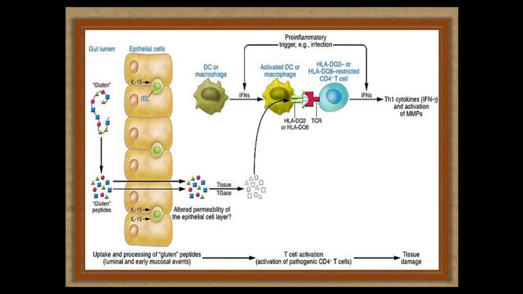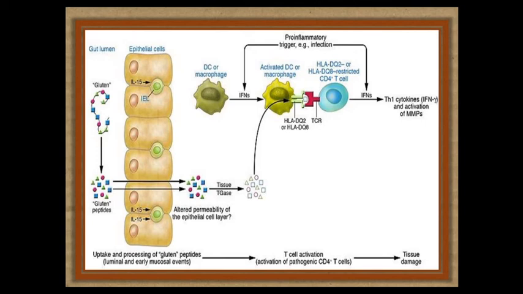So gluten should be degraded to gliadin, and the gliadin, after complete degradation, then passes through the intestinal epithelium by its permeability to the wall. But abnormal permeability will initiate the problem.